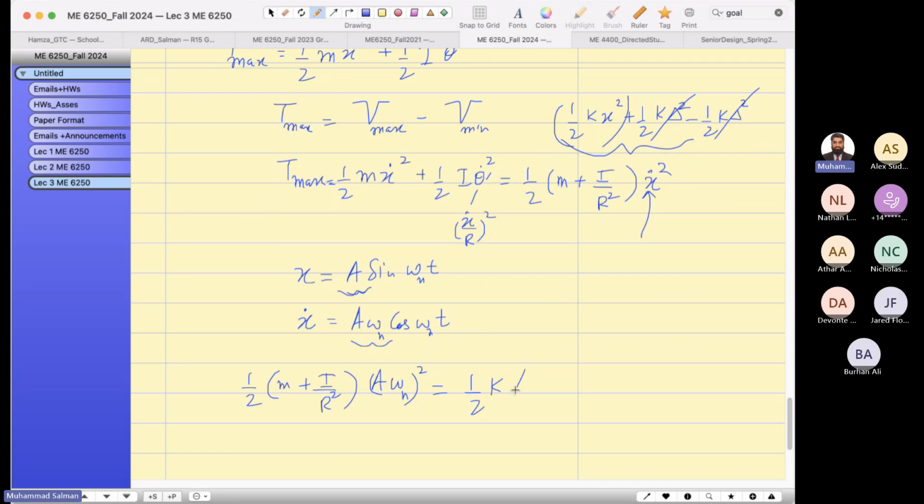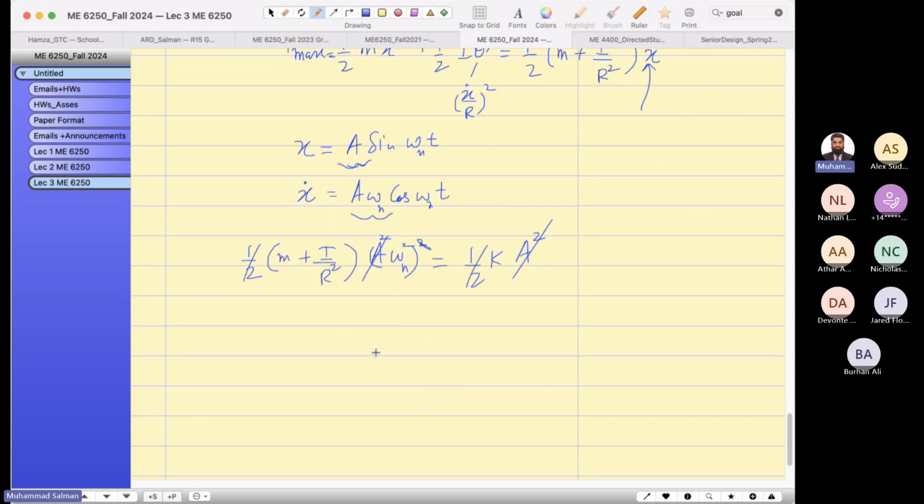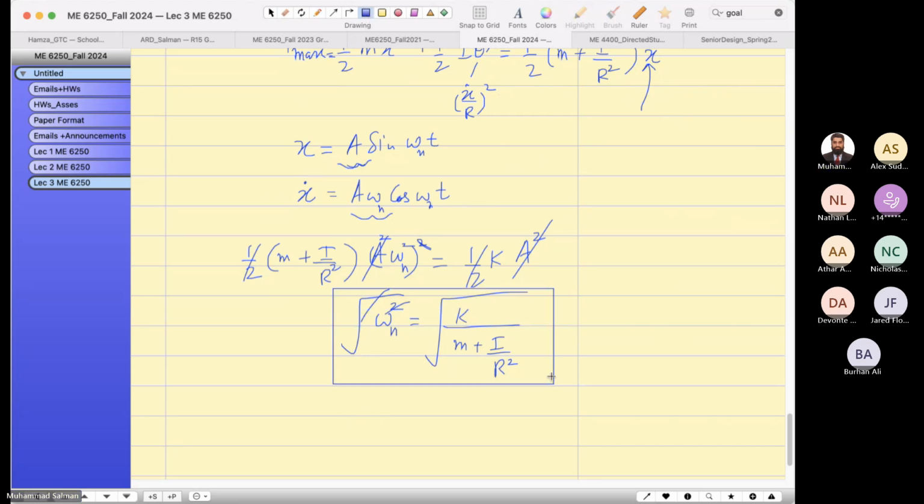The amplitude of x is A, so A square is cancelled by A square. And half is cancelled by this half. If you take the square root on both sides, you're left with this formula. So this is your answer for the natural frequency.